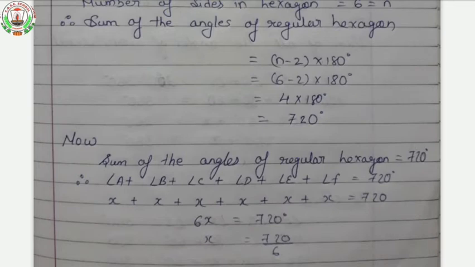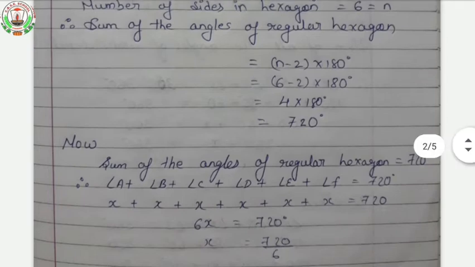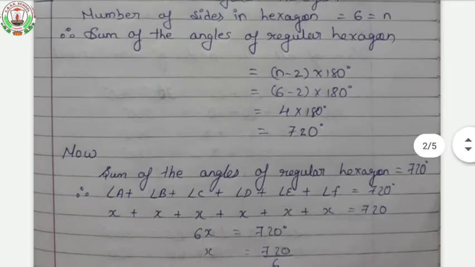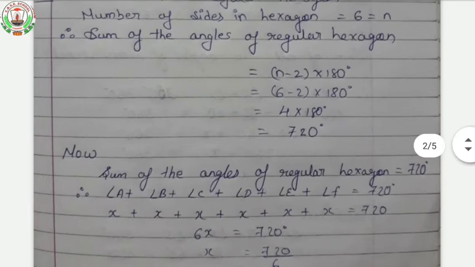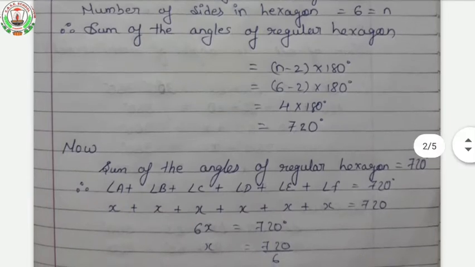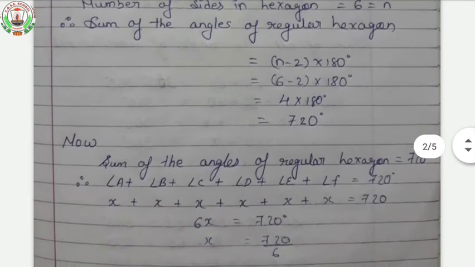So up to here everyone understood what we did? Sum of the angles of a regular hexagon is (n minus 2) into 180, where n value is 6. How did we get 6? Because a hexagon has 6 sides, that's why. So 6 minus 2 is equal to 4, and 4 into 180 is equal to 720.